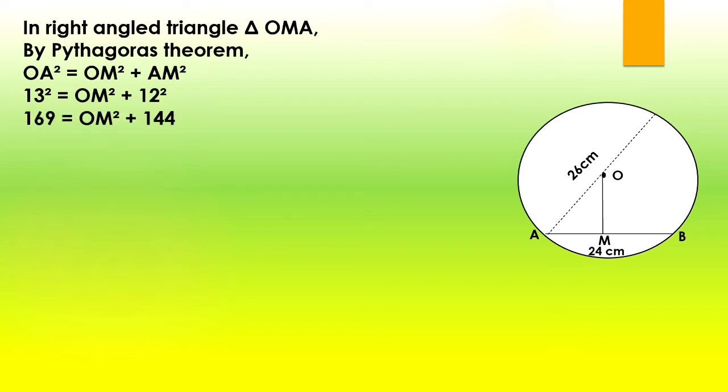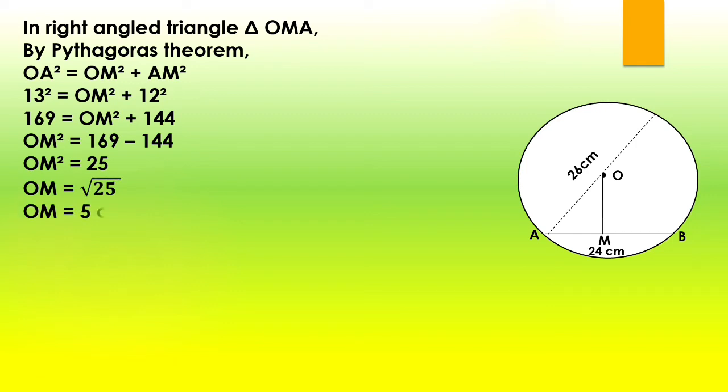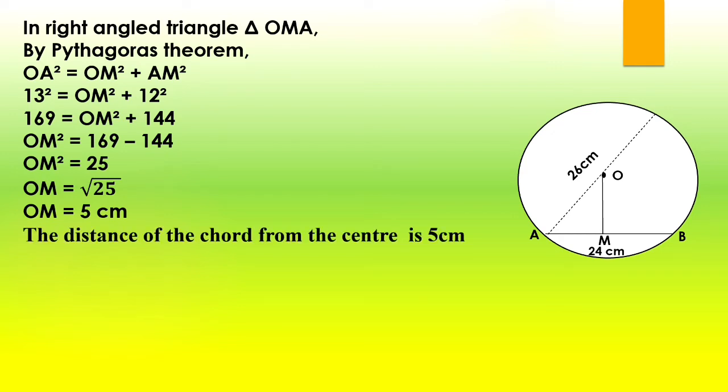Square of 13 is 169, square of 12 is 144. Now 144 will go to the left side, become minus. So square of OM equal to 169 minus 144, here we get 25. Square root of 25 is how much? 5. So value of OM is 5 centimeter. The distance of the chord from the center is 5 centimeter.